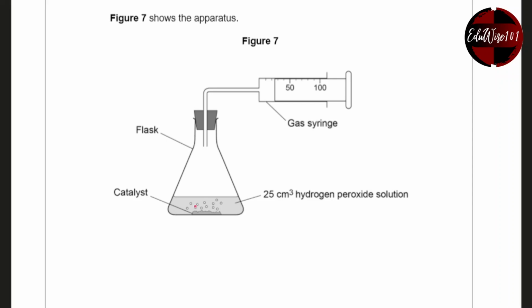So here you have a conical flask with the catalyst and 25 centimeter cube of hydrogen peroxide, and the entire thing is attached to a gas syringe. When you mix the catalyst with the hydrogen peroxide, it's going to break down to give oxygen, which you see as bubbles of gas, and that gas is collected in the syringe. So you can measure the volume of oxygen that's generated.